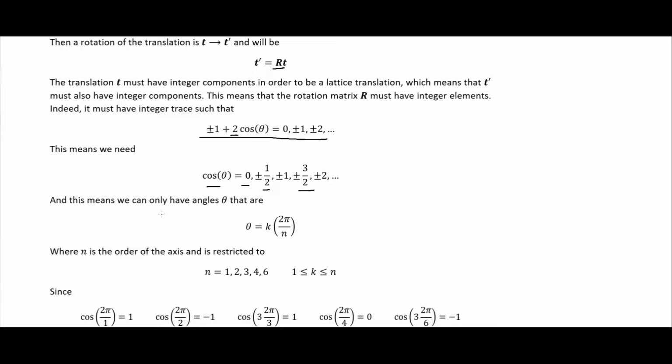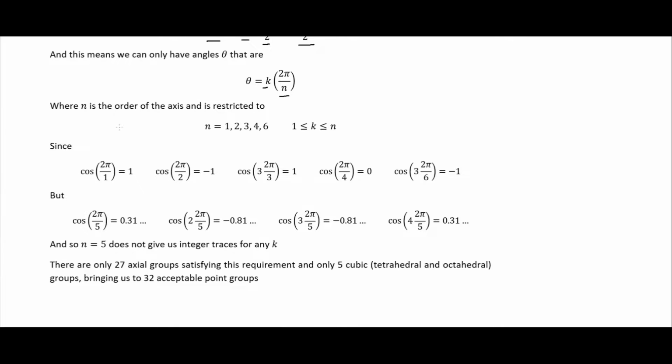This means that we can only have angles theta which are equal to some integer k times 2 pi over some integer n, where the integer n is the axis of rotation, or the order of the axis. And what we find is that n can only be equal to 1, 2, 3, 4, or 6. If we have n equals 1, then this equals 1.